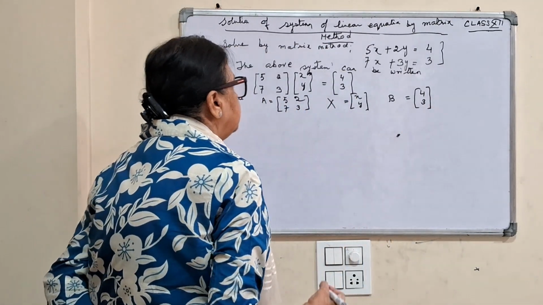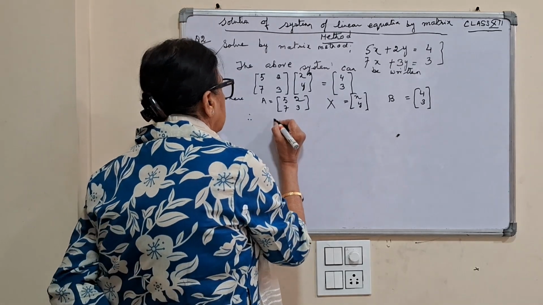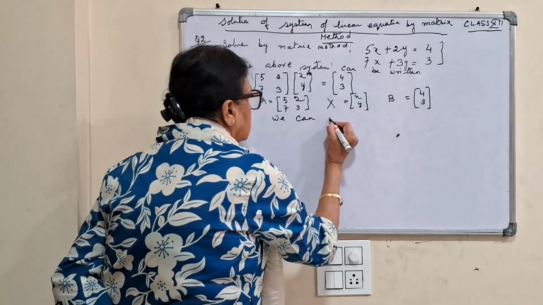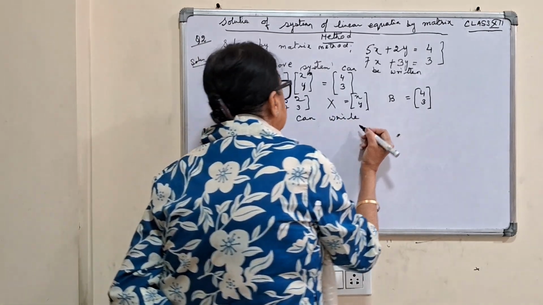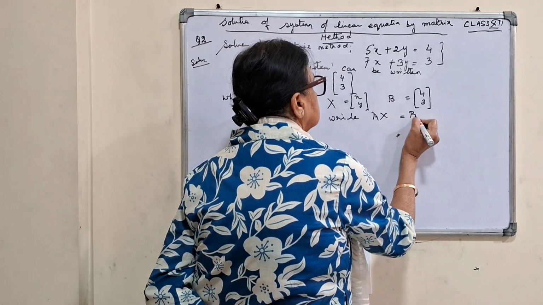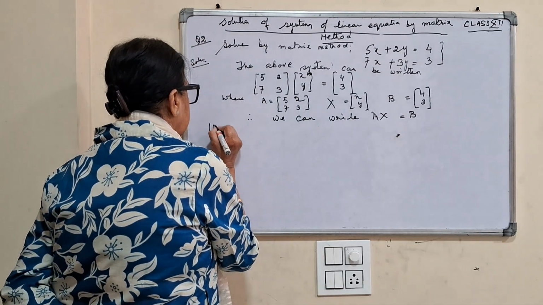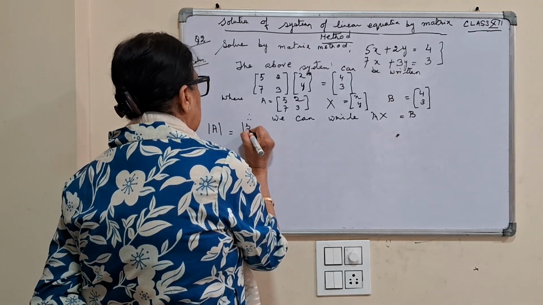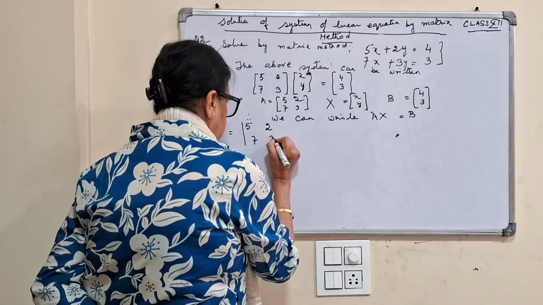Therefore, we can write AX is equal to B. Okay? Now, determinant A is equal to determinant 5, 2, 7, 3.